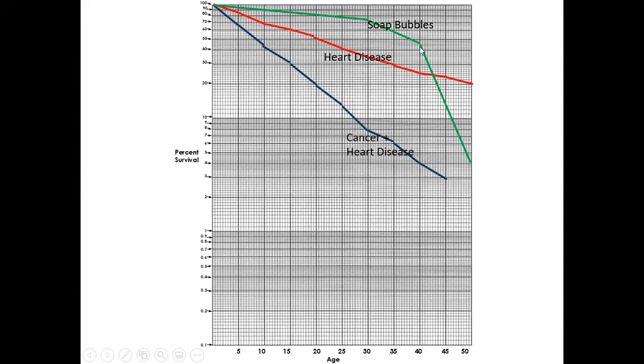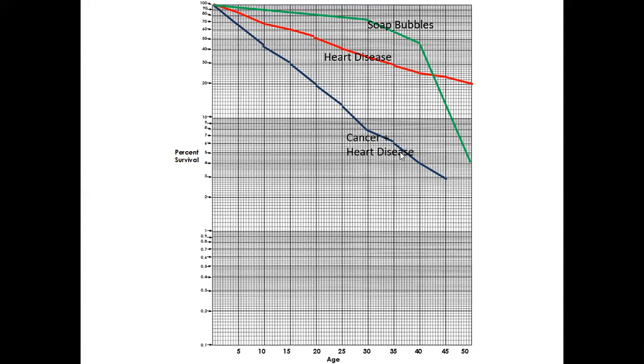It's just going to pop. And so you see more popping later on in its life expectancy than you would at the beginning, because you get that nice parental care going on. So soap bubbles kind of represents the type 1 curve like humans, whereas heart disease is more like a type 2.